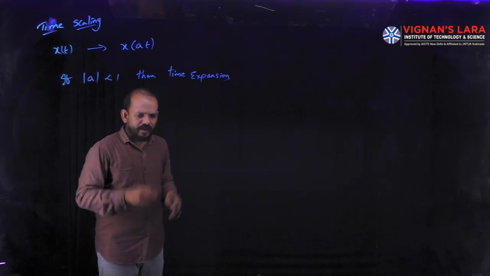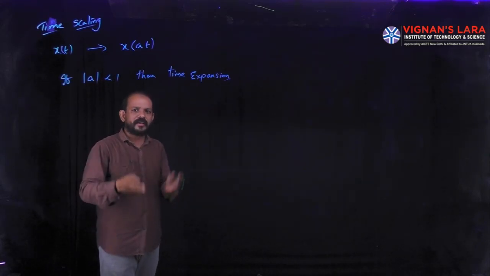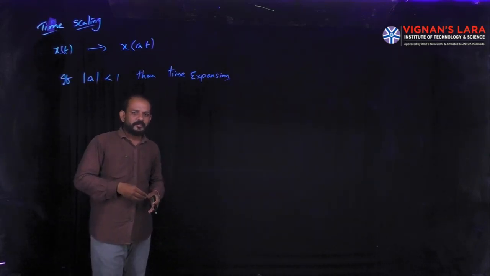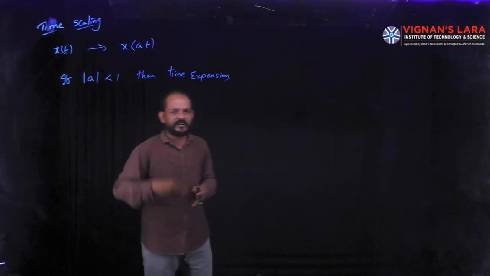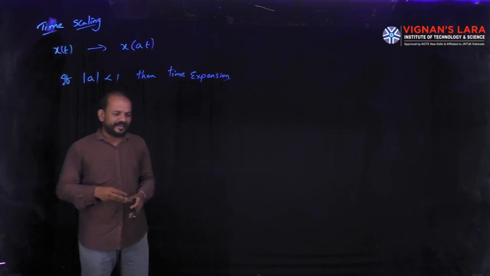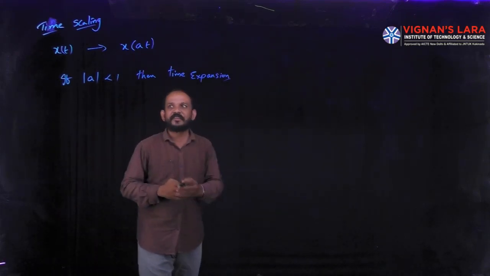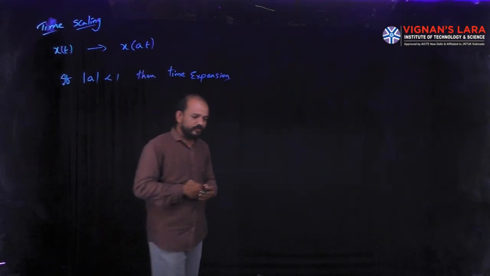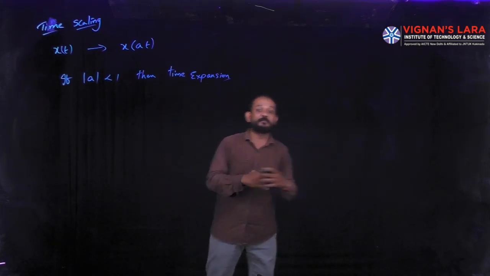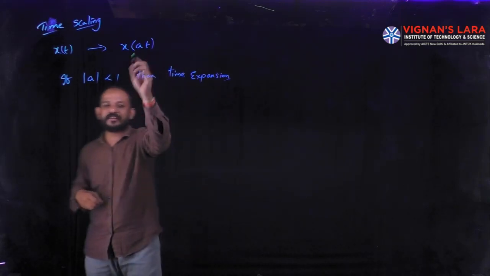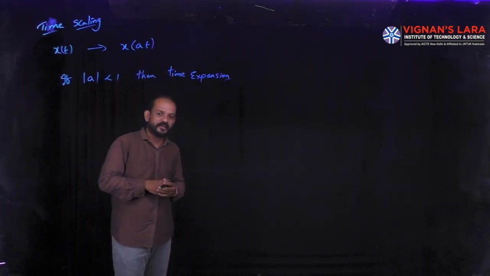Simple. I will take the same examples that I had taken for time compression. So how will the waveforms change for time expansion? I hope you already have an idea. There the time was compressed by scaling factor a. Here also the time signal will be expanded by the same scaling factor a.